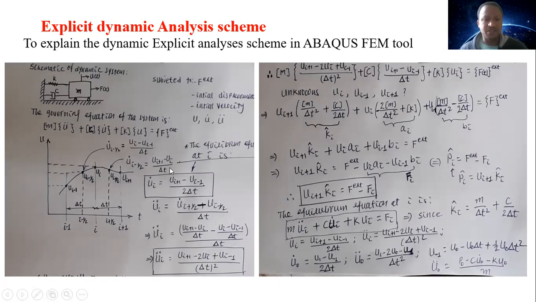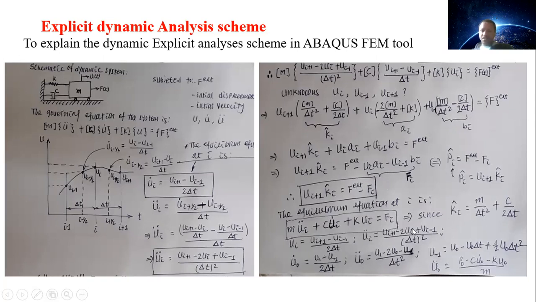Now, substituting these equations into the governing differential equation, we get m times u i dot dot, where instead of u i dot dot we include these equations, plus c times the u i dot equation, and k times u i, which is equal to f external. Making some rearrangement, finally we get u i plus 1 times k i, which is equal to f external minus the calculated f here.